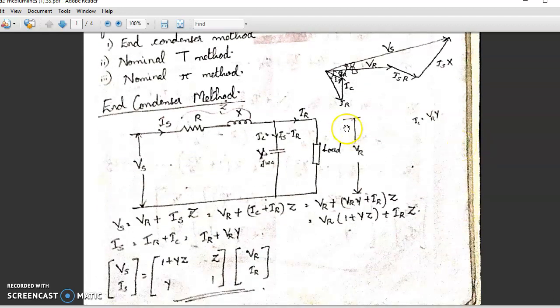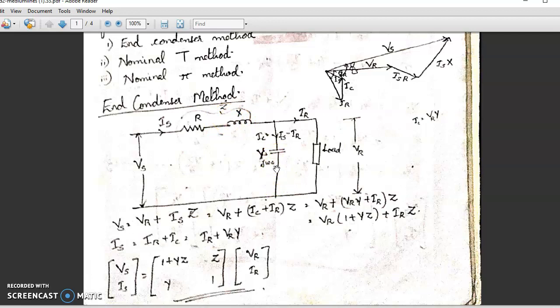There we place the capacitance at the end of the line before the load, connected in parallel or in shunt with the load. Therefore, here we have the sending end voltage and sending end current. Then we have the series connected resistance and inductance, which together constitute Z. Then we have the capacitance.